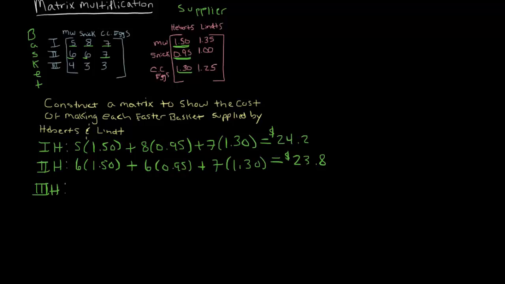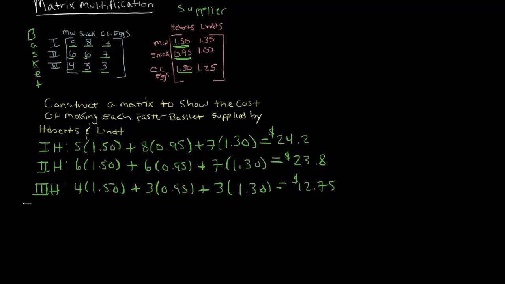And finally, basket 3, I'll do this one a little more quickly. 4 Milky Ways, $1.50 each. 3 Snickers at 95 cents each. And 3 Cadbury Cream Eggs at $1.30 each, giving you a total of $12.75. So that's making each basket if we're going to Hebert's.